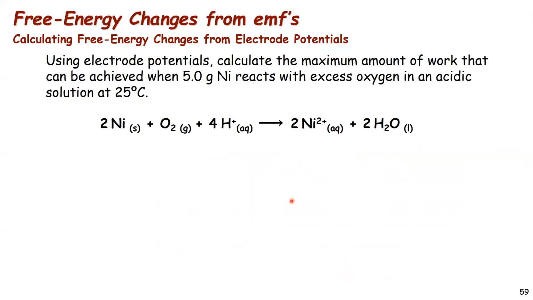Okay, so now that we have the value of N and we have the standard cell potential, we can now plug it in to determine the free energy, which again really is the maximum work, right? So the free energy then is going to be -N, N being the number of moles of electrons transferred.